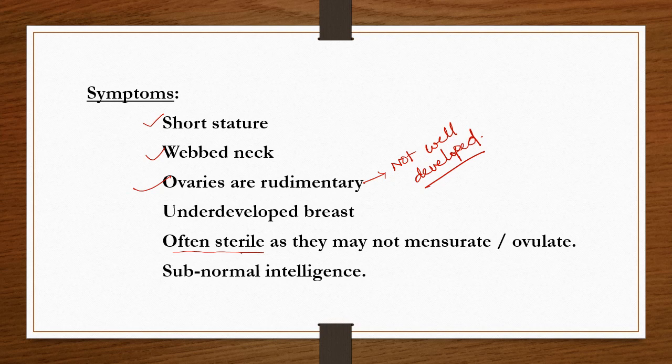Why? Because they may not menstruate, the menstrual cycle will not take place, or ovulation does not take place. That's why they are sterile. They also have subnormal intelligence, that means intelligence is normal or less than normal. These are the symptoms of Turner's syndrome.